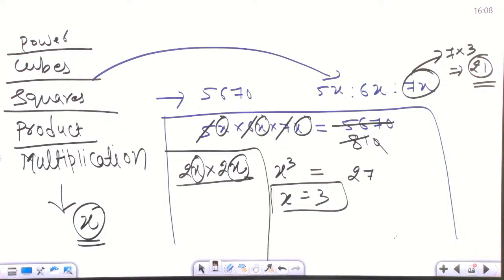Got it? So in the case of any power, the power can be 4, 5 or 2 or 3. In cubes we have 3 powers, in square we have 2 powers, or the product, because that question was of product and multiplication. Got it? Okay, write the next question.